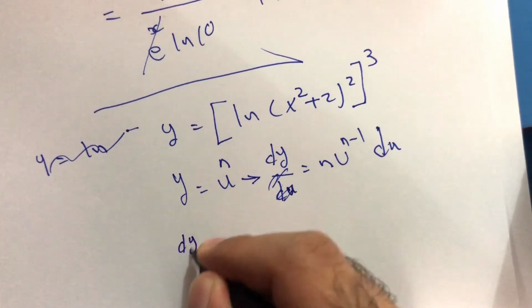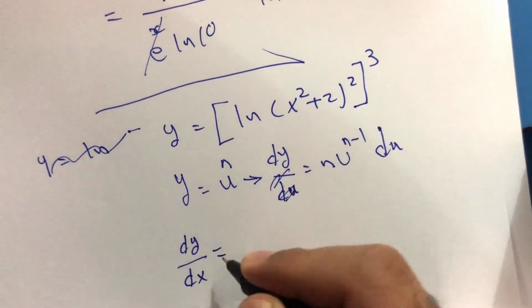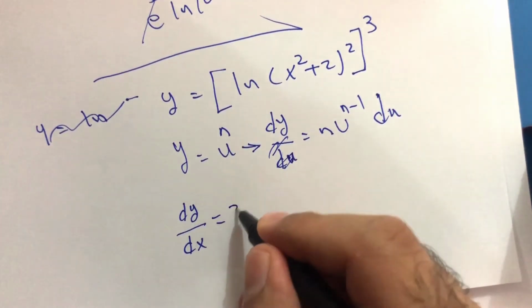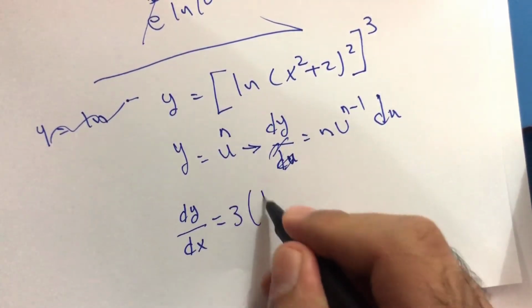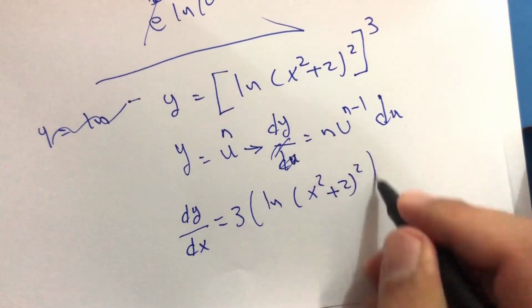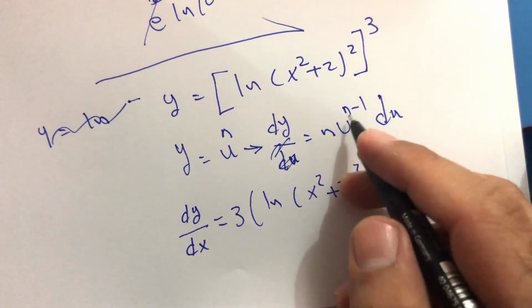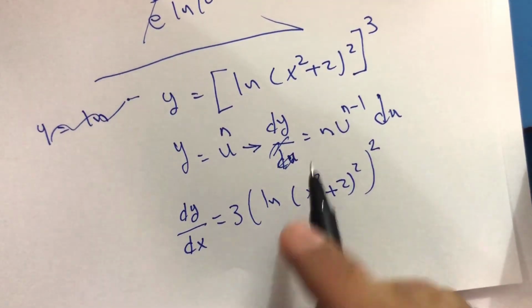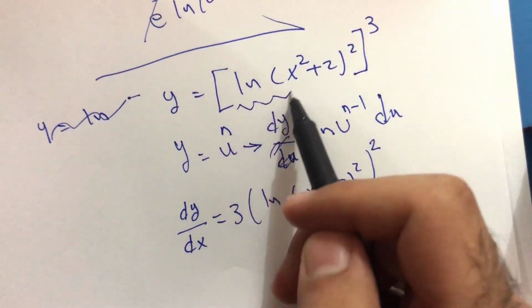So dy by dx will be 3, which is n, multiplied by the function ln (x squared plus 2) to the power 3 minus 1, which is 2, multiplied by the derivative of u.